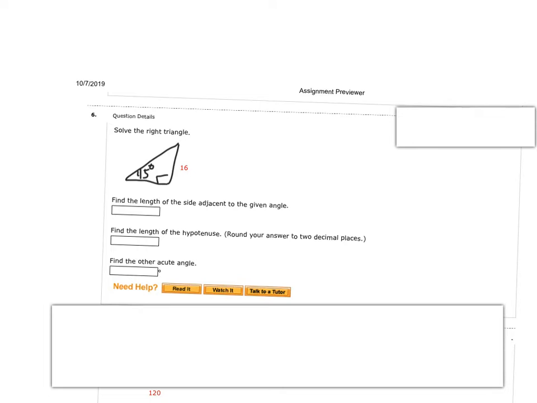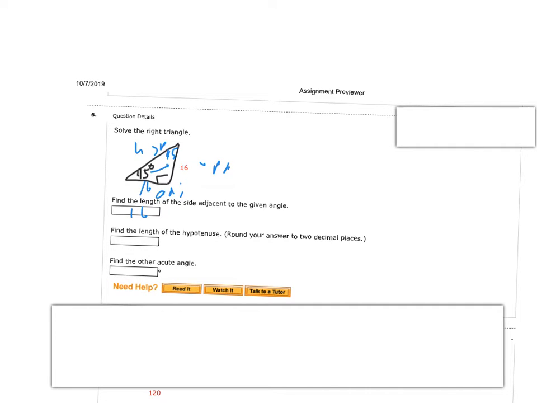All right, next up here we have this triangle. So it says find the side adjacent to the given angle. So this is the adjacent side. This, of course, is the opposite, and then this will be the hypotenuse. And so a couple ways you can do this. If you do notice that this is a 45, 45, 90, you will know that this is an isosceles triangle, and so this other side is always the same as the other one that's opposite 45.